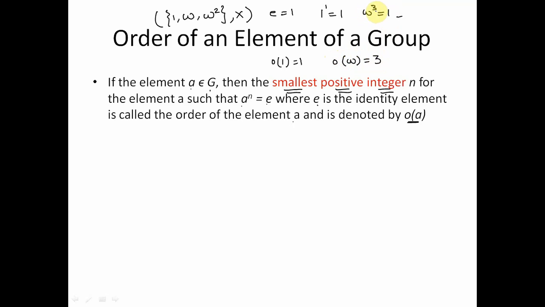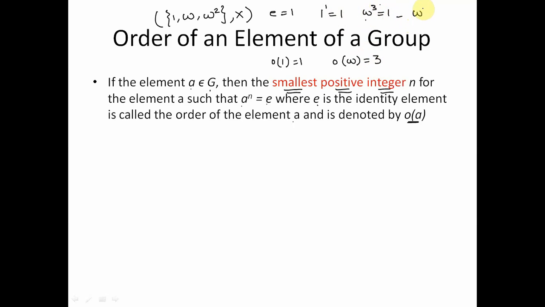See, any number less than 3 is not going to give me 1. Omega to the power 1 is omega. Omega to the power 2 is omega square. But omega to the power 3 is omega cube, that is equal to 1, as omega is the cube root of unity. So 3 is the smallest positive integer in this case where omega to the power 3 is equal to 1.